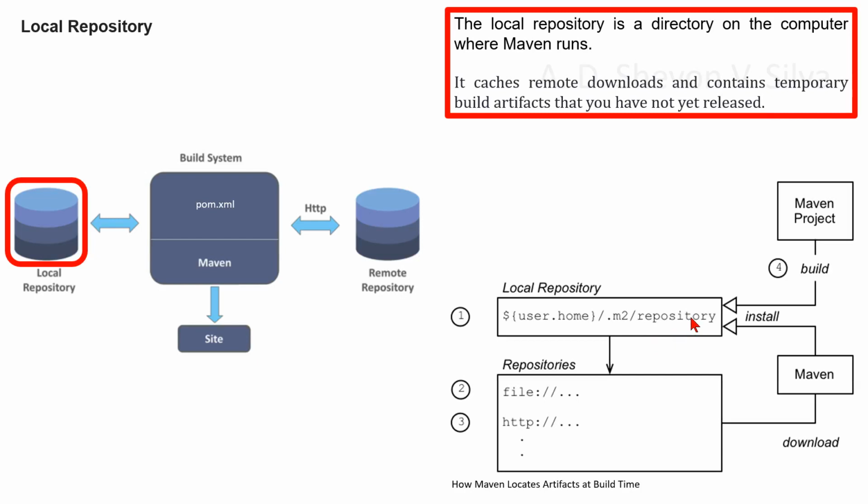Now we are considering how Maven locates artifacts at build time. When building a project, Maven implements a simple caching scheme. Artifacts are downloaded from the remote repositories on the internet, and then cached to the local repository.